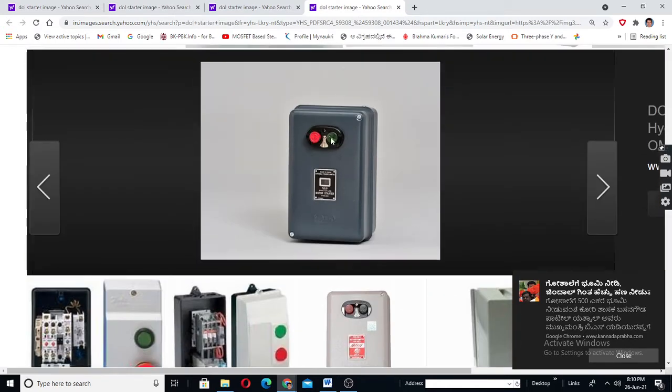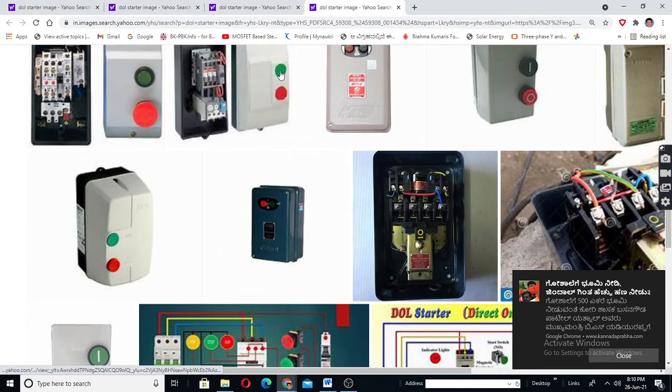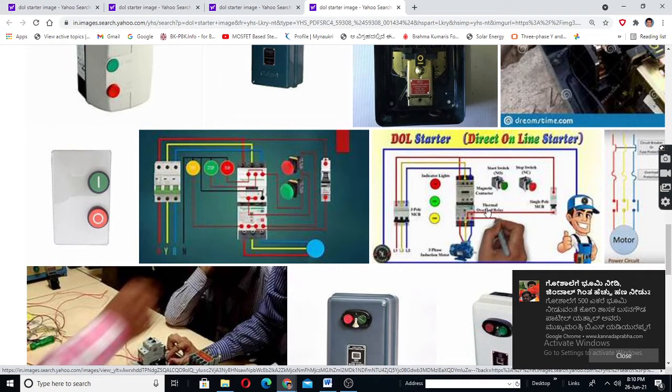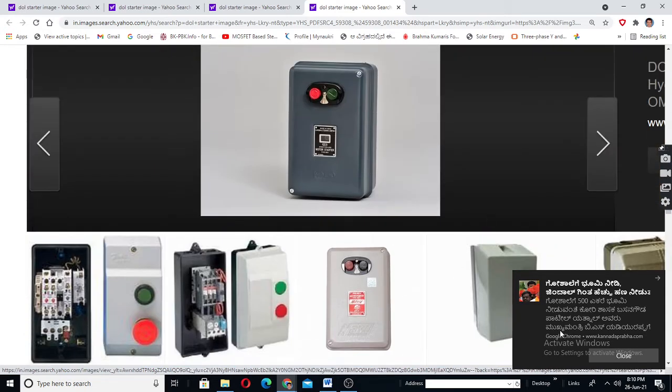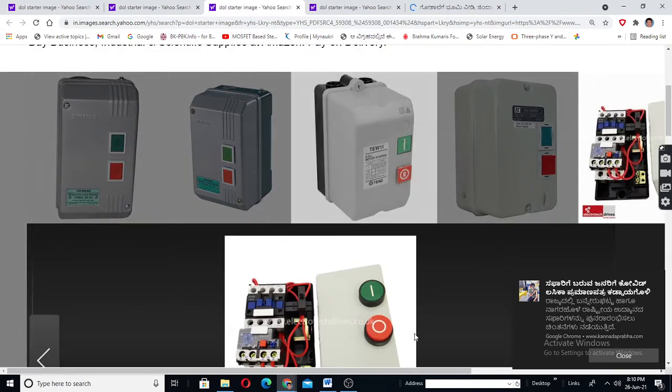Sometimes they will be side by side, sometimes one is above, one is below. Detailed circuits are there here, but they are not required now.